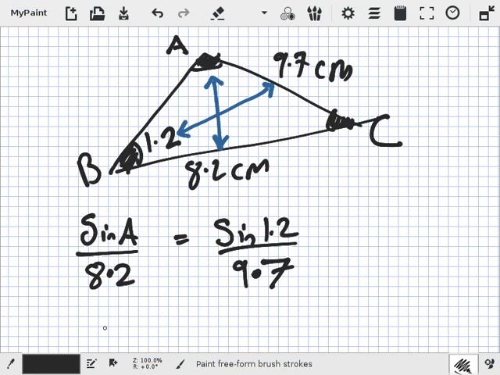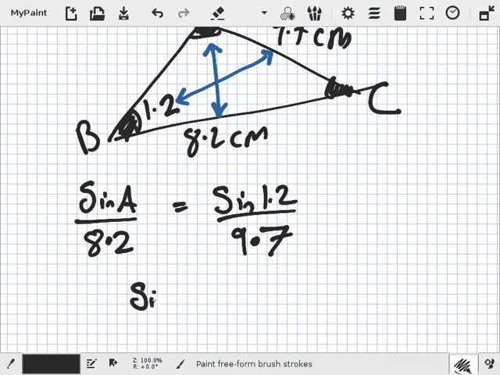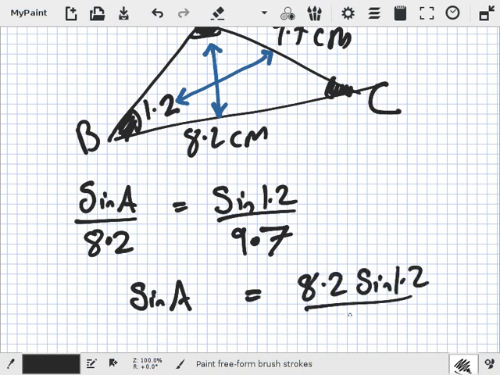Do you get what I mean when I say you pair? So like this one went with this one and this one went with this one. So I can make this equation. This is called the sine rule. And you realise it's not too bad to solve because you can now just say sine A equals 8.2 sine 1.2 over 9.7. So since you have a radian mode, can you tell me what we get on the right here?